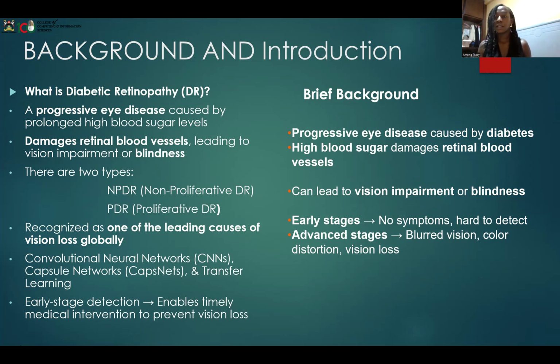One of the important things is that our project is basically for early stage detection, so that we prevent permanent vision loss, which could happen in the long run in case testing is not done.